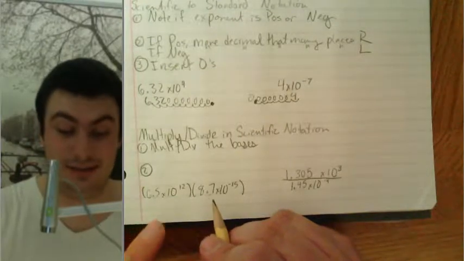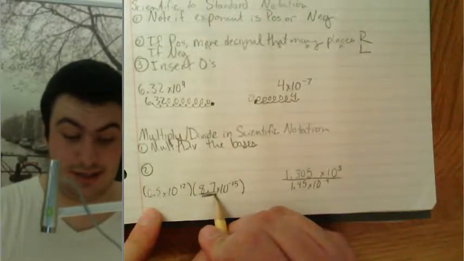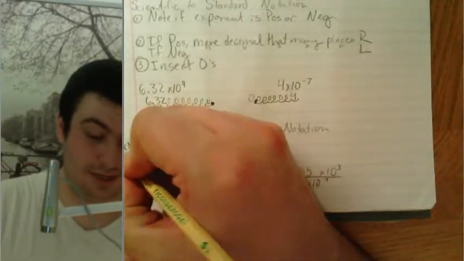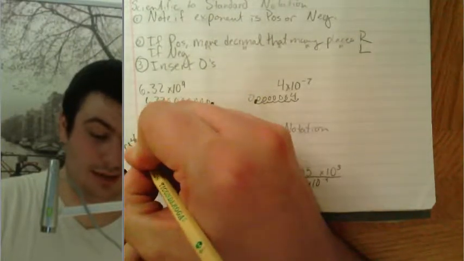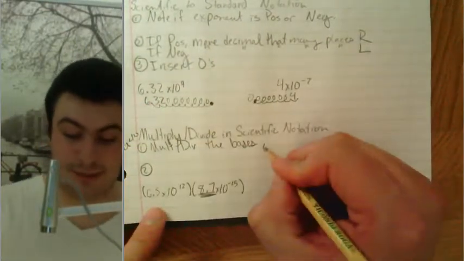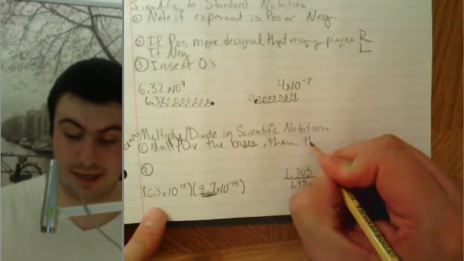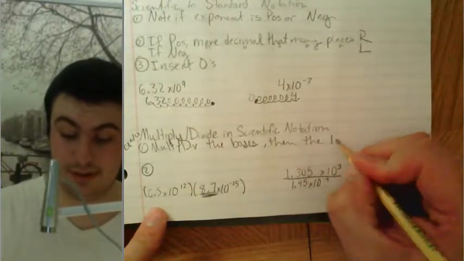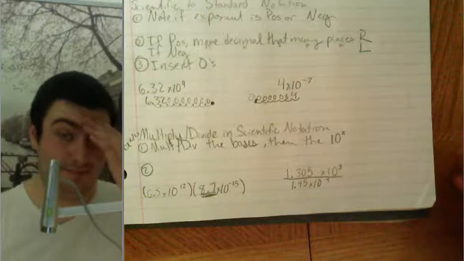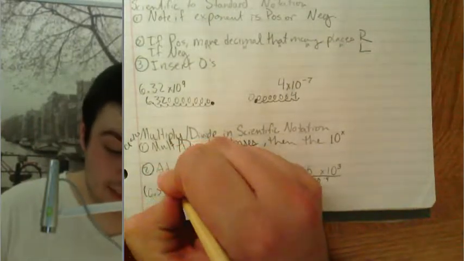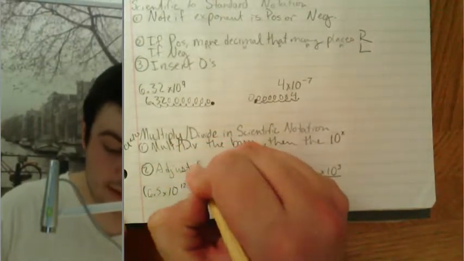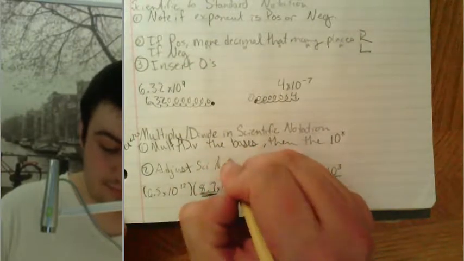It's never anything more. This first number, if we called it A, is between 1 and 10. So multiply the bases, then the powers, or the tens to the whatever. Then we're going to adjust our scientific notation.